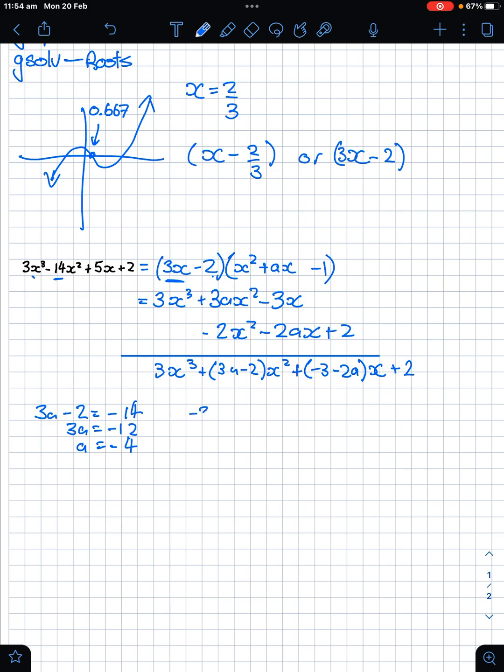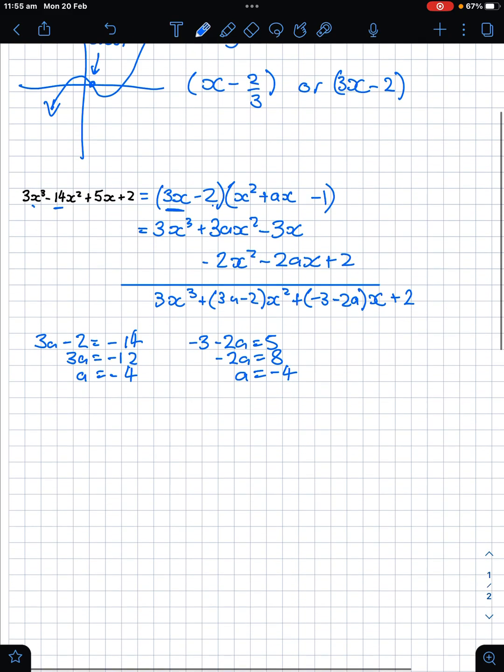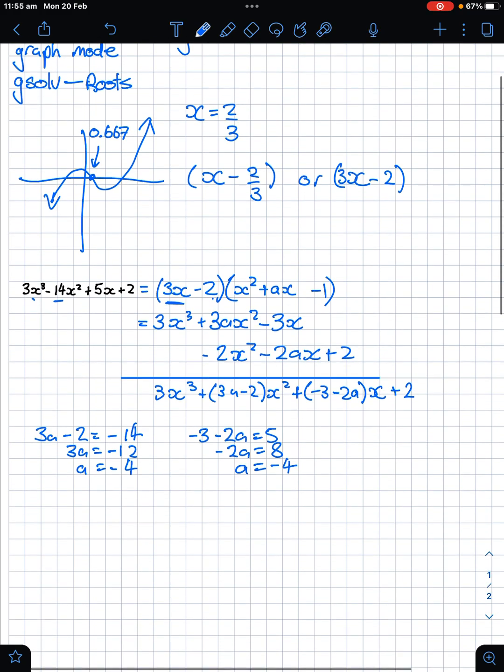So negative 3 take 2a equals 5. I'm going to add 3 to both sides. I get negative 2a equals 8. A equals negative 4. So that's a big tick. We've got negative 4 there. So now we can put this back into the form that it was.